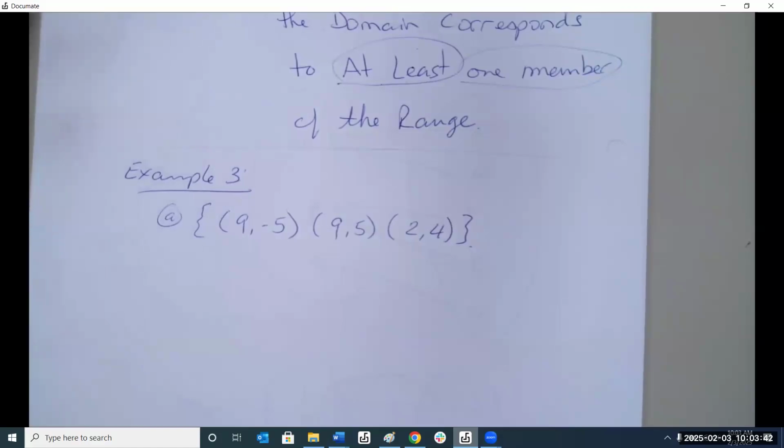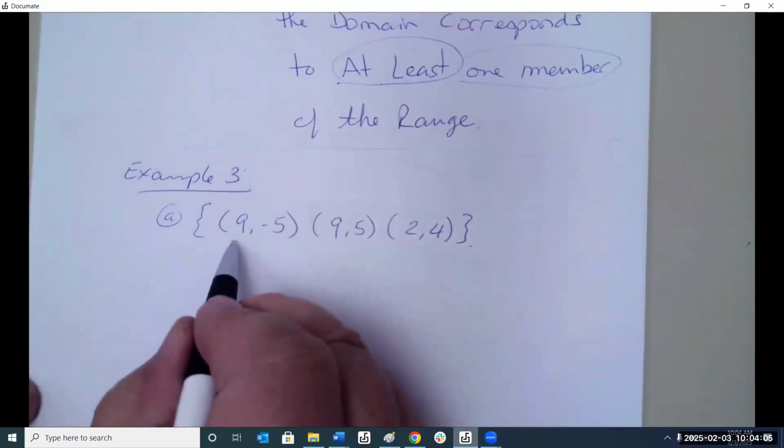What's the difference between a function and a relation? Which one's one to one? A function is one to one. A relation is one to at least one. So is this a function or a relation?